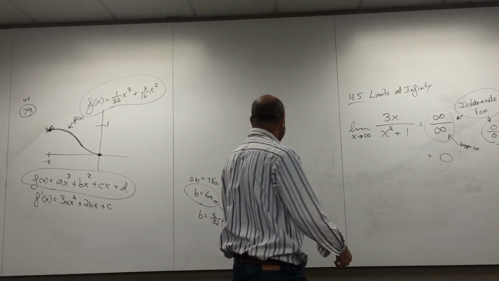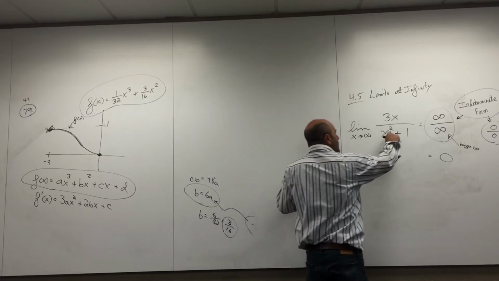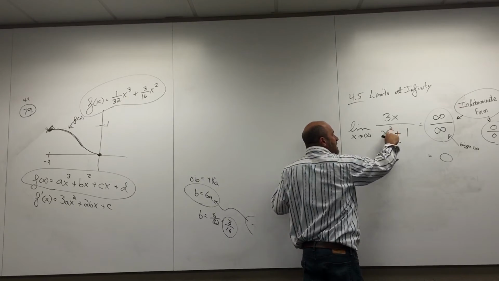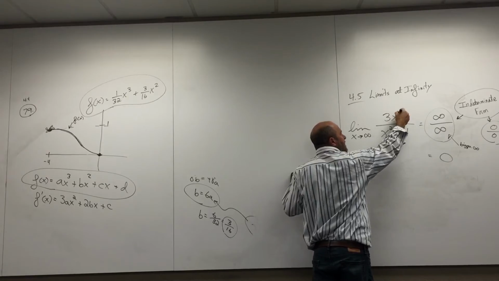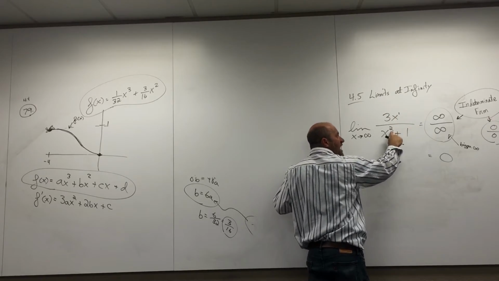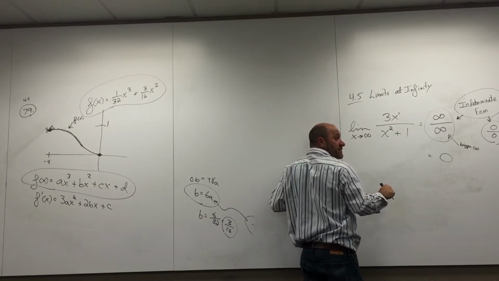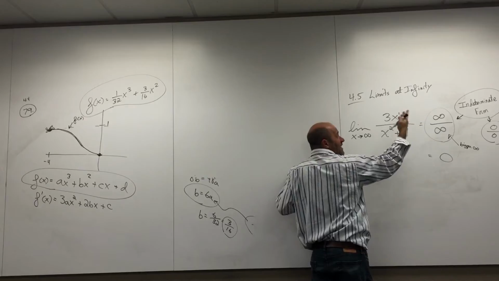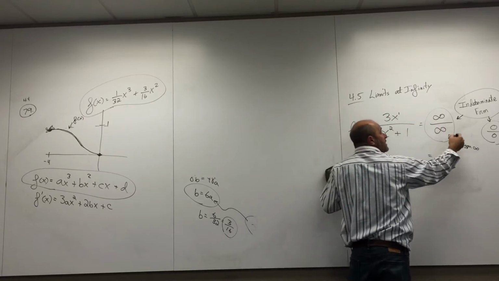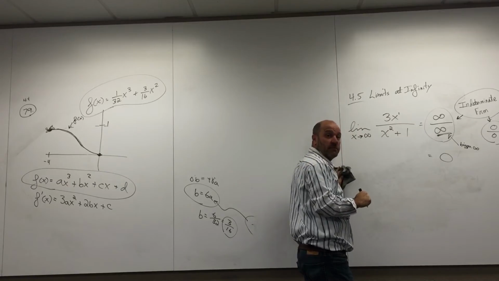Yes. What did you just do there? I didn't quite get the last part. The power on the x made it an x squared, and this was just an x to the first. And when I plugged in infinity, the infinity squared is bigger than infinity to the first. So the denominator goes to infinity quicker than the numerator.